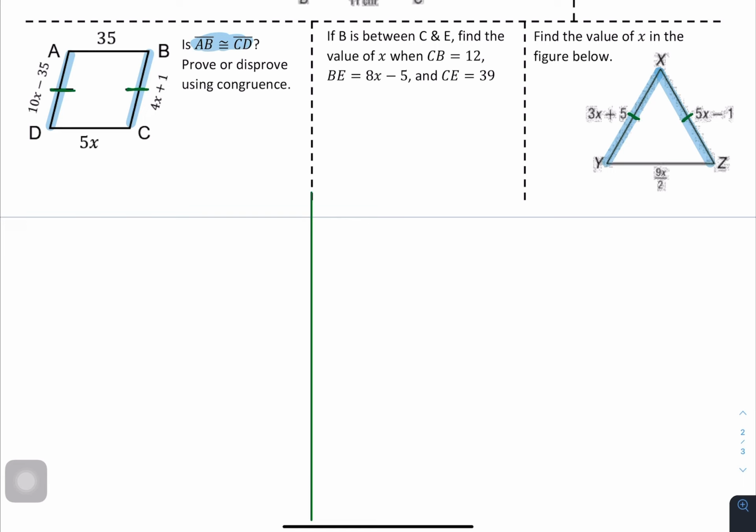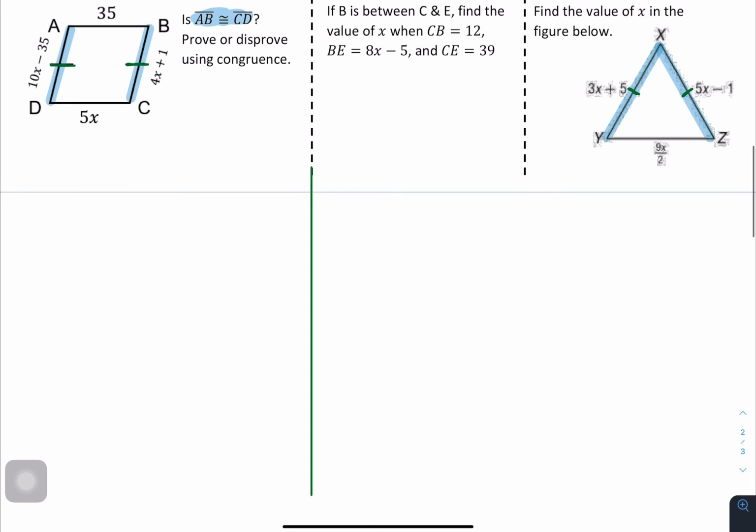XY is congruent to XZ. So in this case, based on the label, I know that AD is congruent to BC, and since AD is congruent to BC, the value of AD will equal the value of BC.